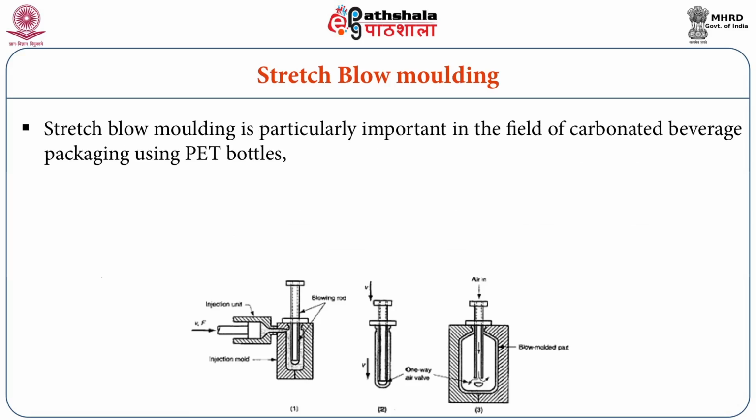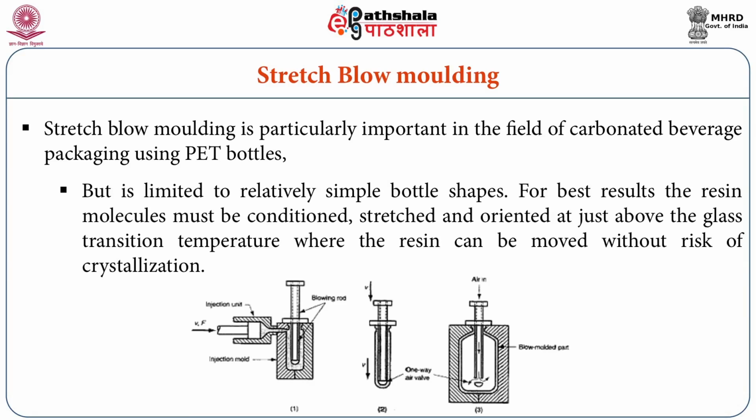Stretch blow molding is particularly important in the field of carbonated beverage packaging using PET bottles, but is limited to relatively simple bottle shapes. For best results, the resin molecules must be conditioned, stretched and oriented at just above the glass transition temperature, where the resin can be moved without risk of crystallization.